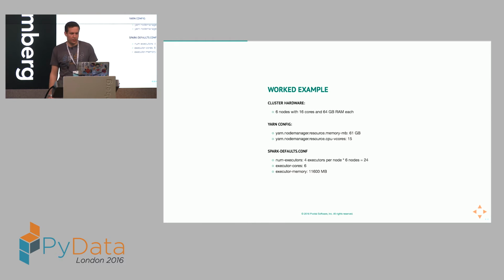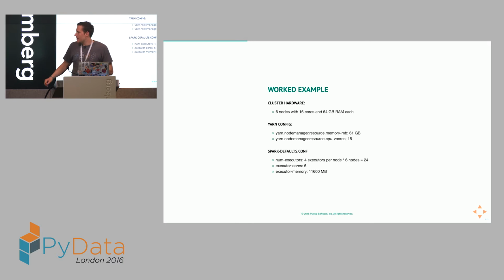What you also have to do, to get the most out of your cluster and avoid network and I/O CPU wait, is overcommit your resources by about a factor of 1.5. So in our example here, we're using 4 executors with 6 executor cores each on 6 nodes.